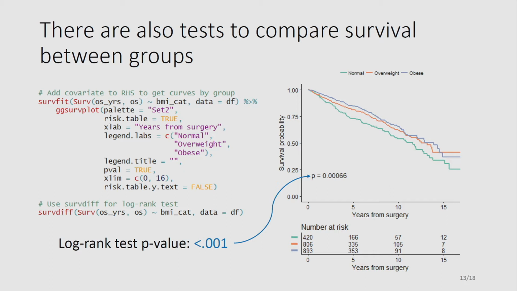This p-value comes from the log rank test. There are many other ways of testing the differences between survival curves, but I think the log rank test is probably the most common. It equally weights across the whole follow-up time to test the differences between those survival curves. There are versions of this test that could also weight more heavily the early or the late parts of follow-up if there was some reason that that was more of interest for your question.